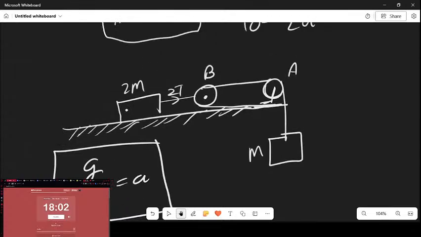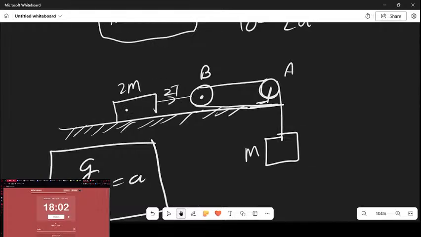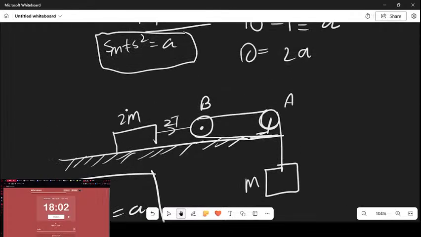How is it 2G by 3? Okay, let me check the solution for this.